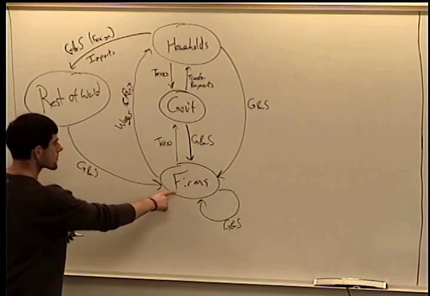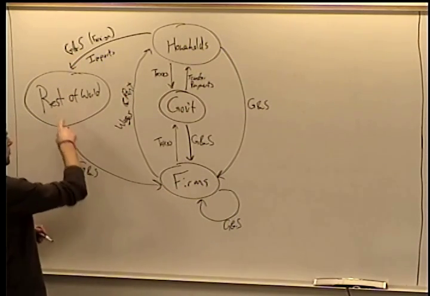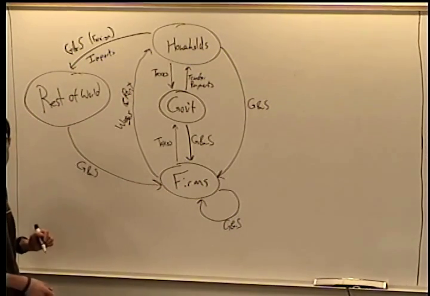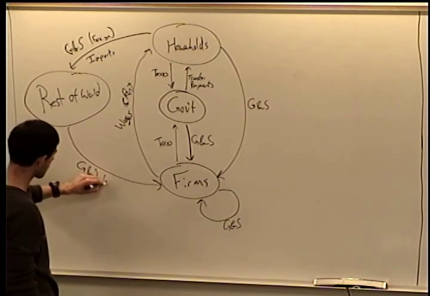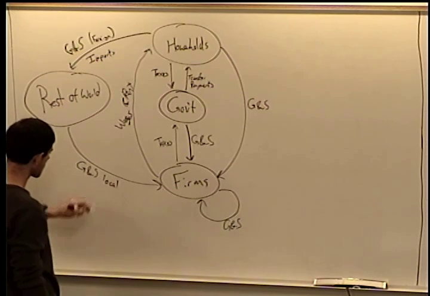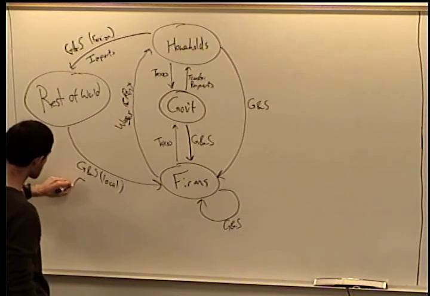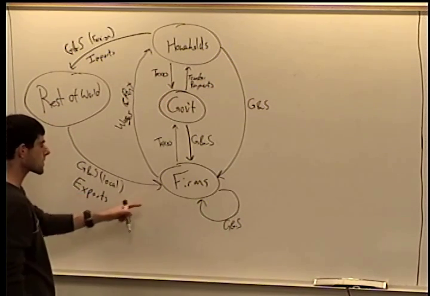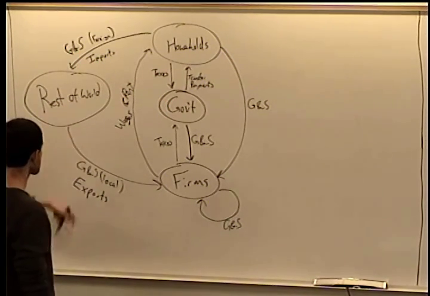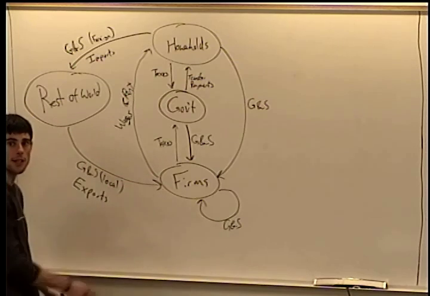Our goods and services flow from US firms to the rest of the world, and money is being exchanged back. But these are local. And we call these exports. So the US exports cotton or corn to the rest of the world in exchange for money.